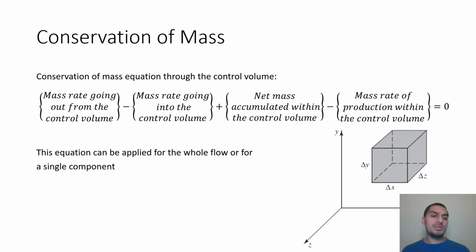Anyway, so the derivation is going to start with the balance equation, which is the conservation of mass. We said this is a differential volume, and we are writing the equation on a component A. So we're saying that the mass rate of A coming out of the control volume minus the mass rate of A going into the control volume, so it's what's leaving minus what's entering the volume, and then the net mass accumulated within the control volume, the accumulation, how much the amount of A is increasing or decreasing in this volume with time, minus the mass rate of production within the control volume.